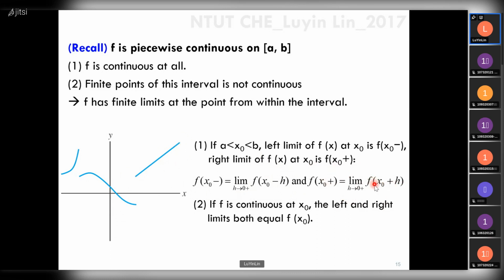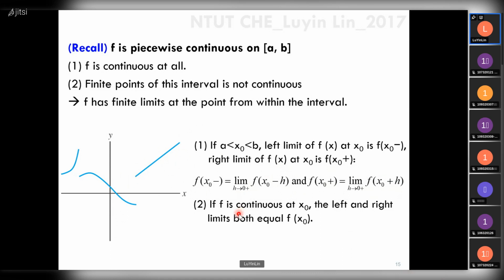Similarly, what is x0 plus? x0 plus means x0 plus h, and h is approaching 0. So if this point is x0, x0 plus means from here to here, okay?